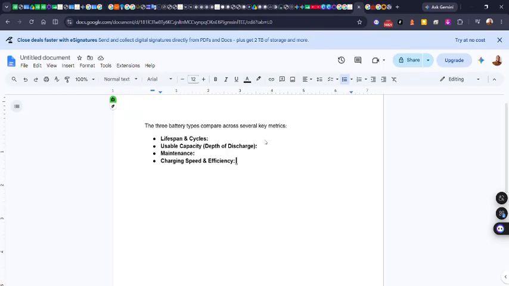You guys have done what you have tried. I can see the notes that you have written, but these are the major ones I need from you. The lifespan of lithium battery is the highest out of them. Lithium batteries can last between 10 to 15 years.